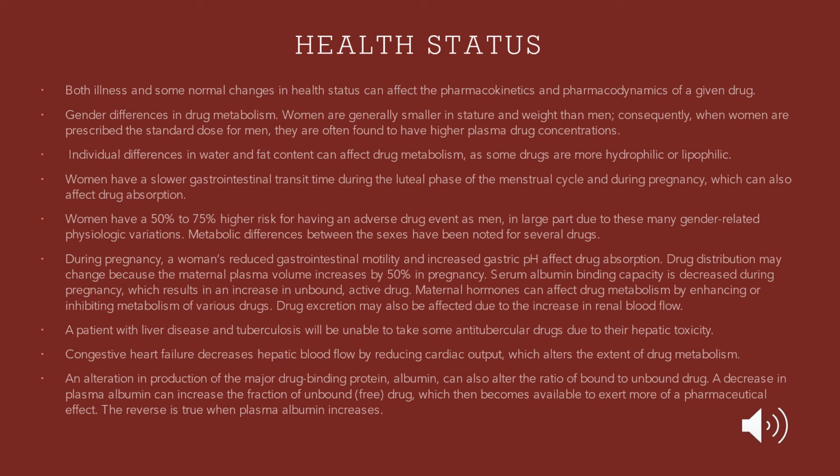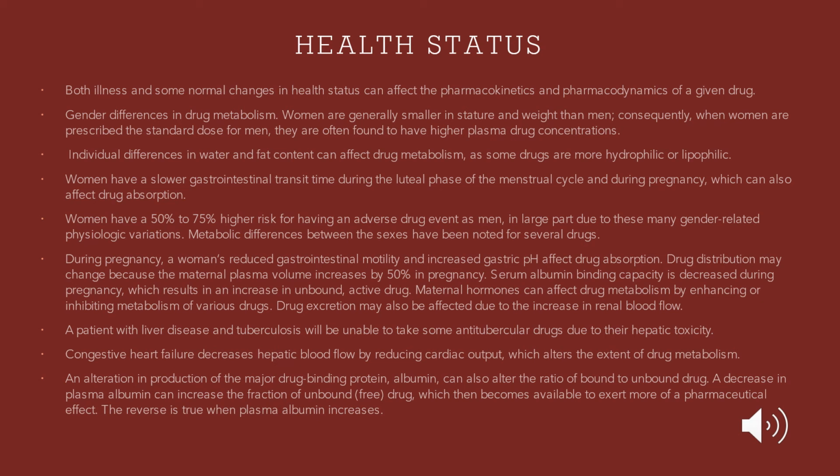A patient with liver disease and tuberculosis will be unable to take some anti-tubercular drugs due to their hepatic toxicity. Congestive heart failure decreases hepatic blood flow by reducing cardiac output, which alters the extent of drug metabolism.